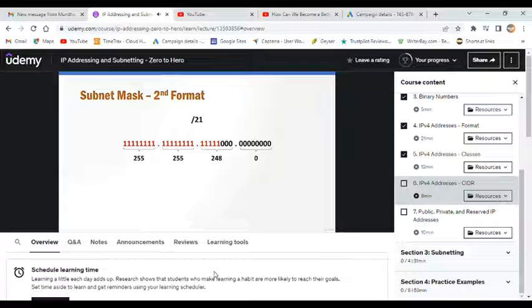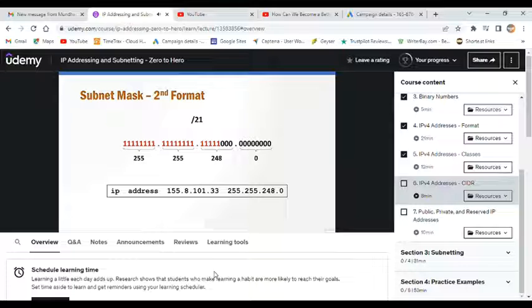So we have 8 ones, which is 255, and then another batch of ones, which is also 255. And then we have 5 ones, and when you add all of those values, that's going to be 248. And then you have 8 zeros, which is going to be 0.